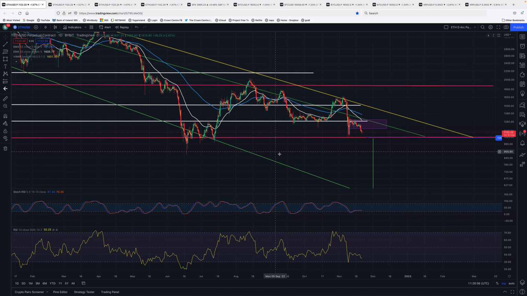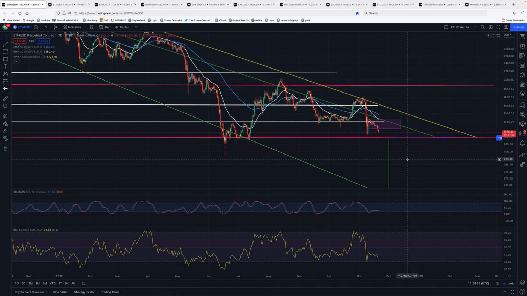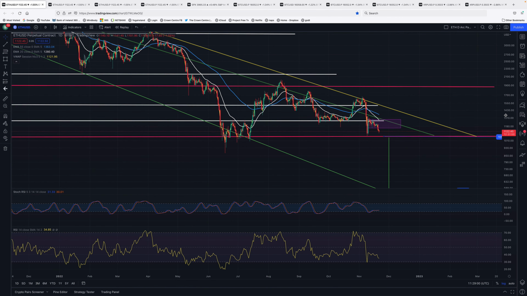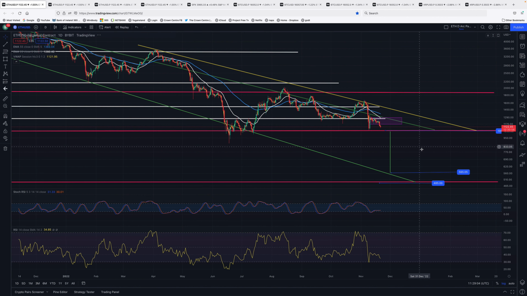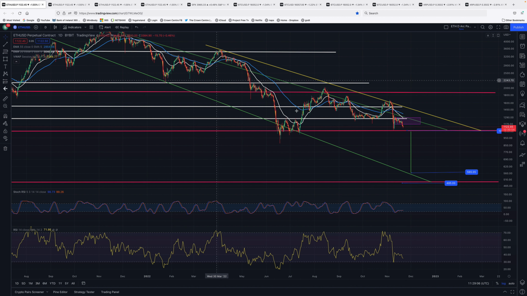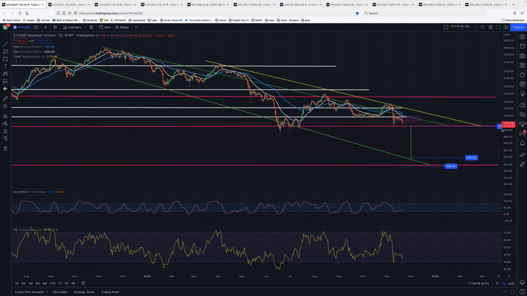Ethereum is a little bit trickier to analyze, because Ethereum has an intermediary level of 870. Yes, now I remember correctly. But it's still in a similar structure as Bitcoin. So it has this broadening wedge.